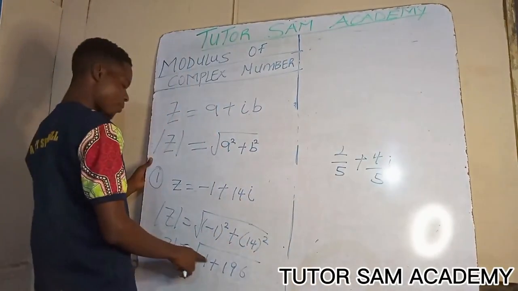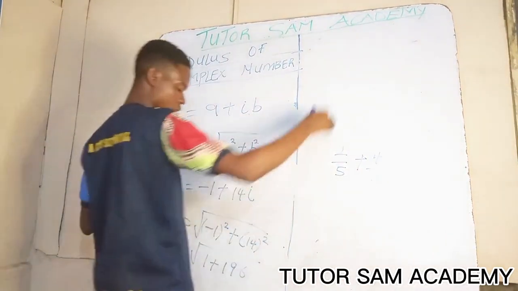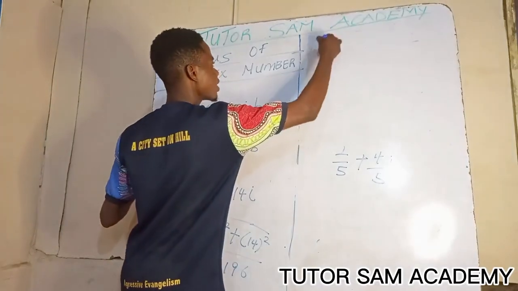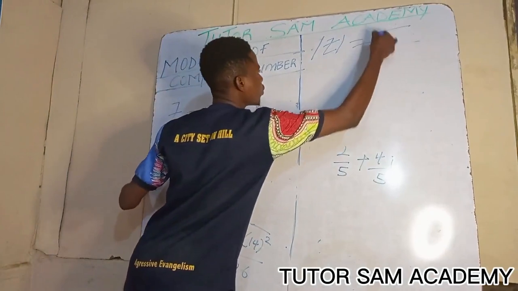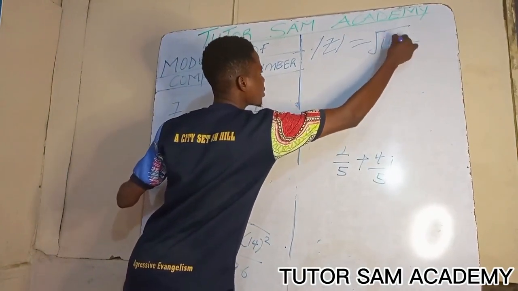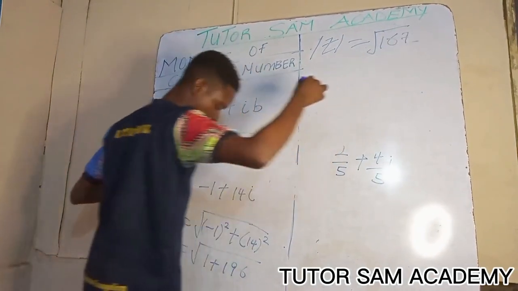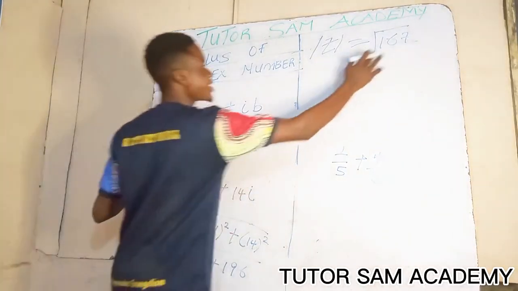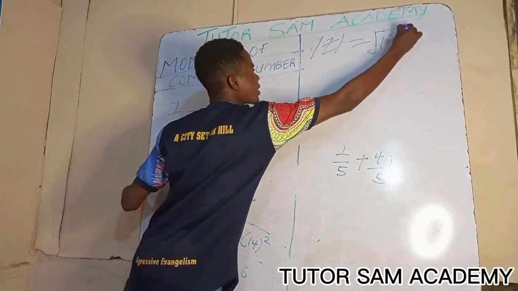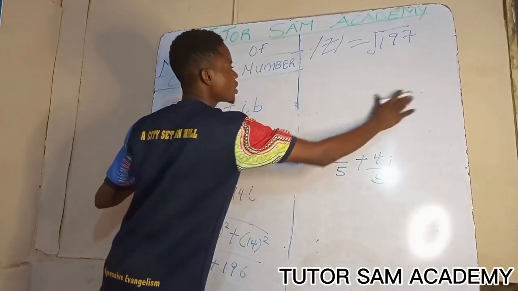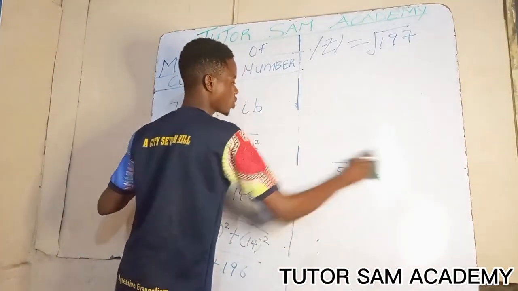So this is 1 plus 196, so is what? 197. So Z modulus will be equal to square root of 197. Sorry for that. So this is 197. So this is my modulus.